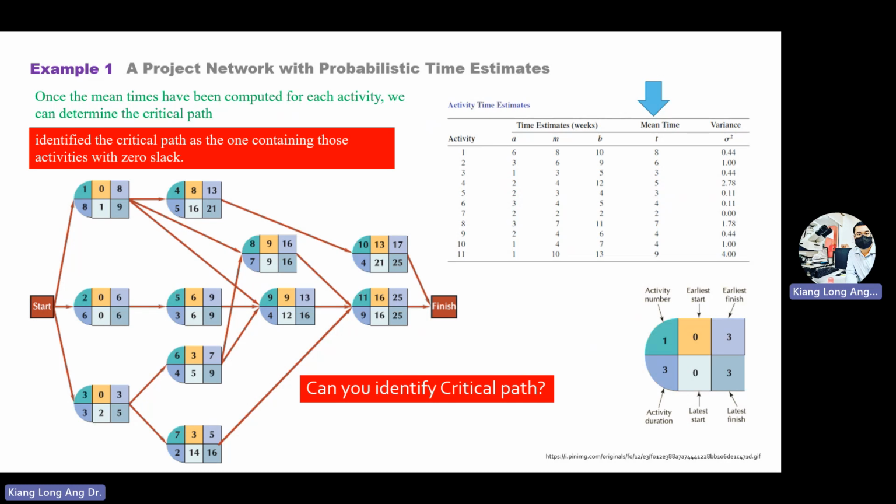So once you convert this one into this one, can you see the critical path components? One is not. Why?